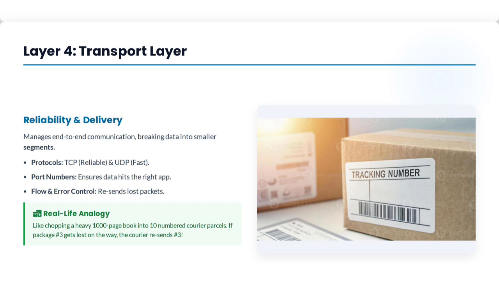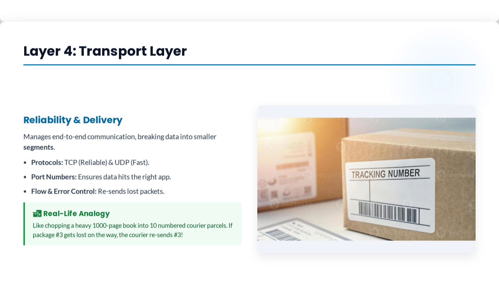Here there are two types of sending data: first TCP and UDP. TCP is reliable, checking for errors and resending data. UDP is super fast, used for live video streaming and gaming.